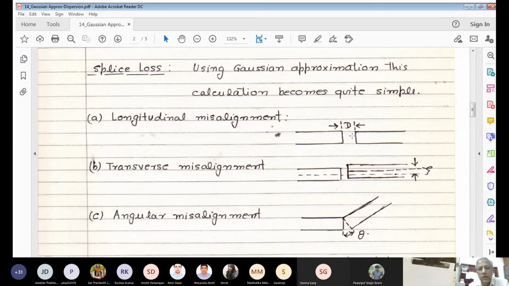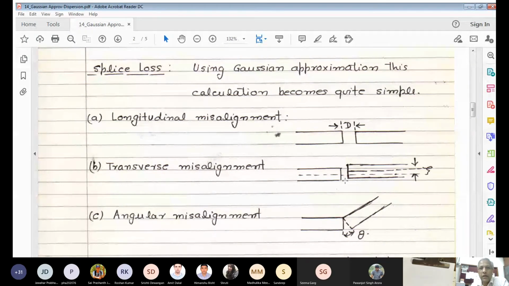But transverse misalignment is a problem. And in the design of a splicing machine, knowledge of transverse misalignment is very important. While designing a splicing machine, you should know how much loss is created if the two axes are misaligned by a certain amount. So what are my tolerances in transverse misalignment?